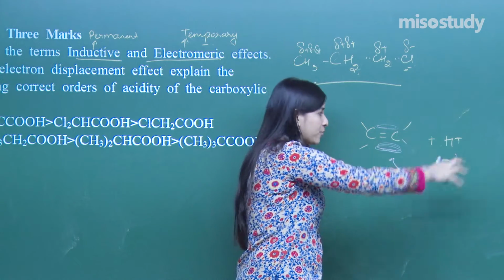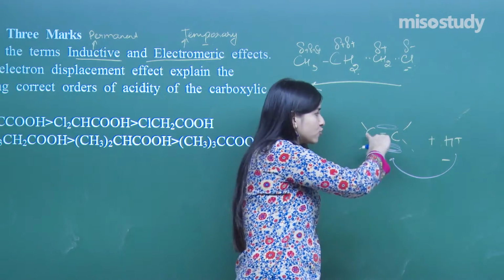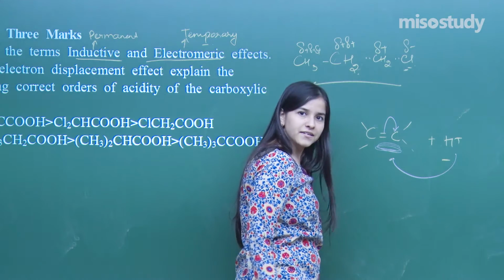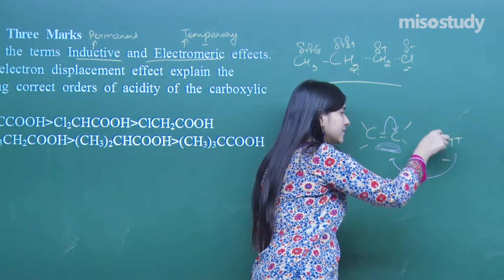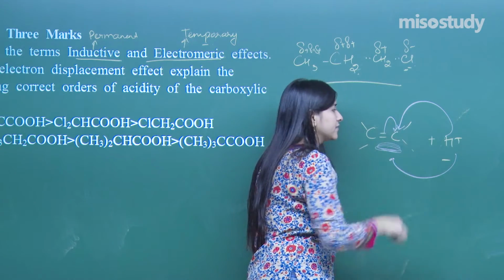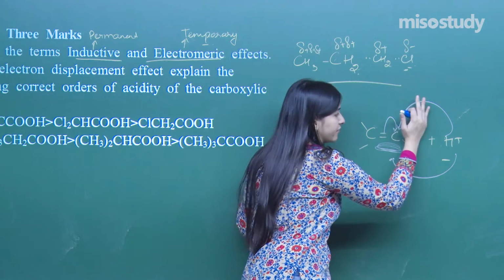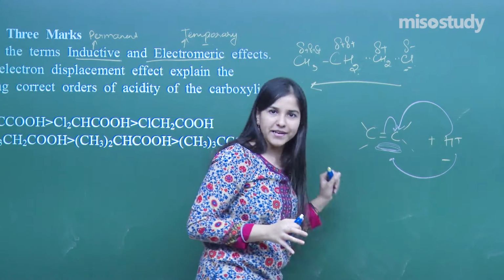Now, when the species approaches this alkene, there will be shifting of these pi electrons to one of the carbons, right. Let us say here. The carbon having the negative charge will be attacked by the H positive. Earlier there was no effect; when I introduce the species, there is shifting of the pi electrons.